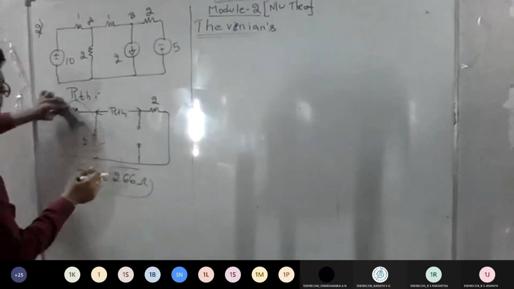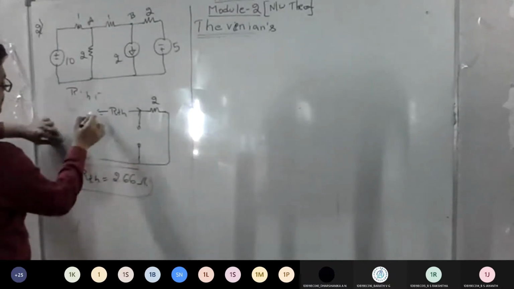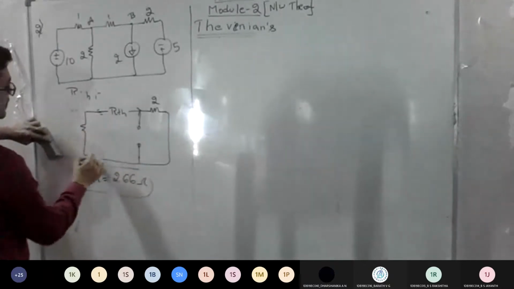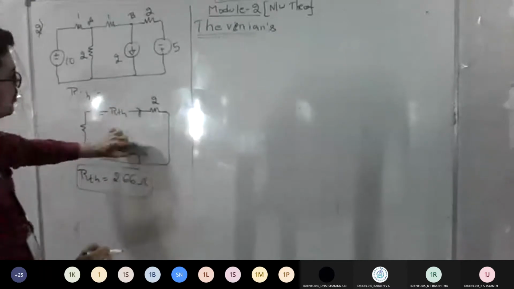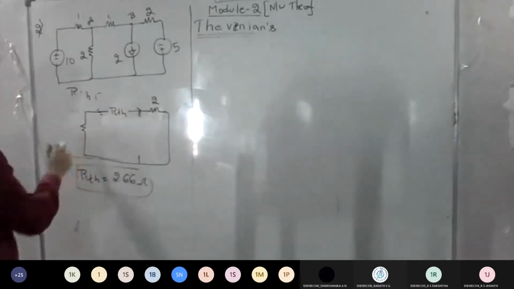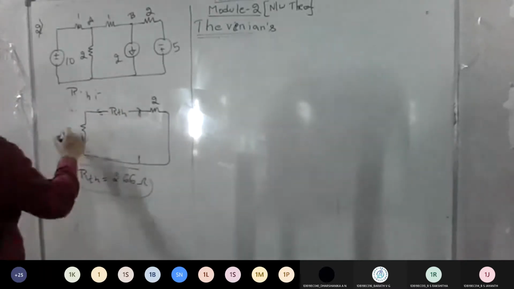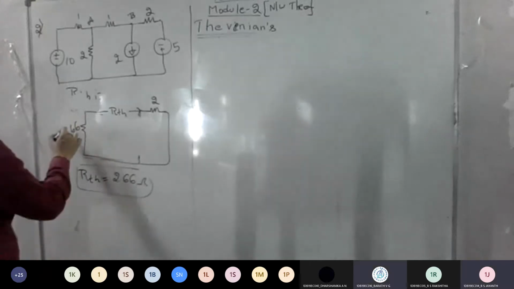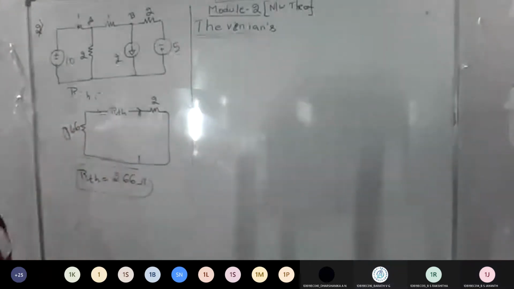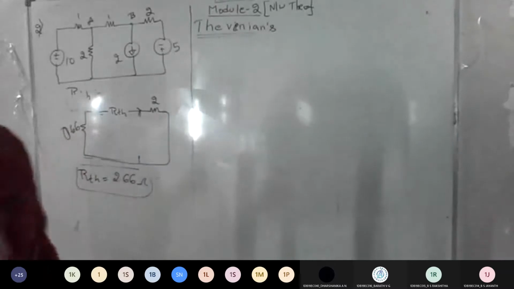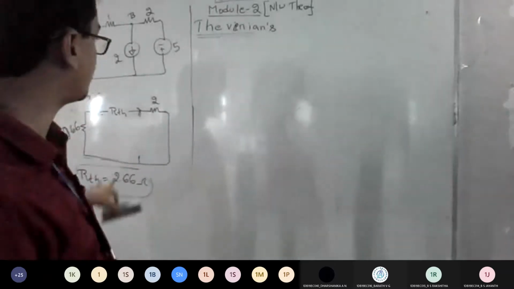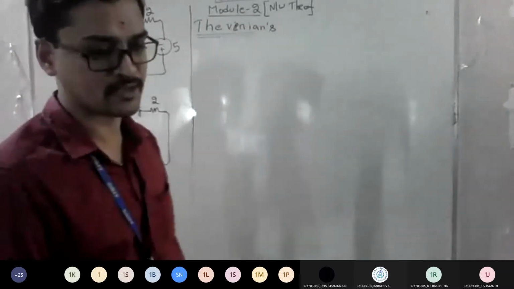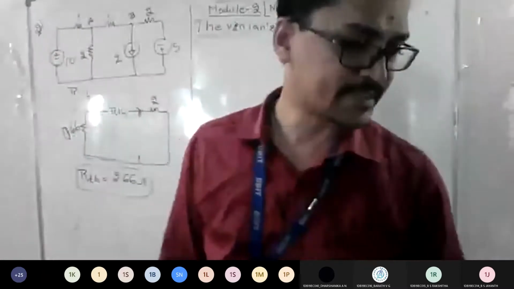After these two, it becomes one resistor, so it looks like this. Since this terminal is open, these two are combined. Is it 1.66 or 0.66? 0.66. Okay, 0.66 is the parallel combination of 1 and 2, and that is in series with this, so you got the answer. Good. Proceed. What is the next step?